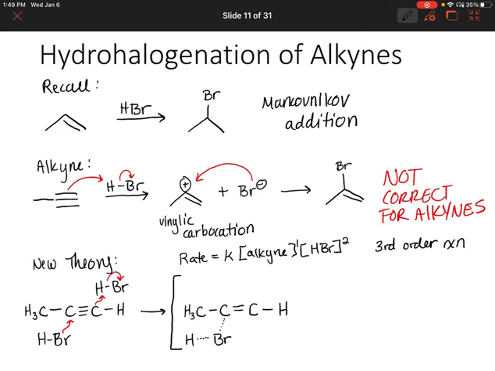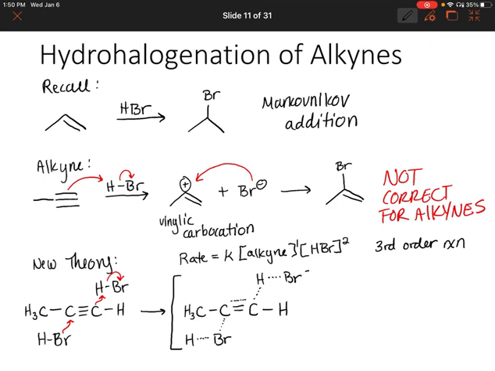As a result, one of the pi bonds is going to break as well, and the less substituted carbon will start to form a bond with hydrogen in the other HBr molecule, and then the bond between H and Br will start to break.